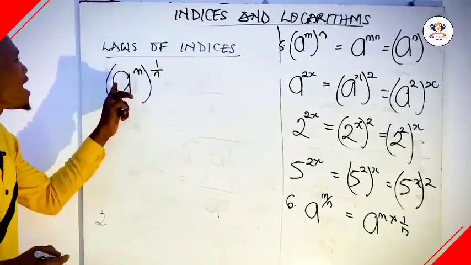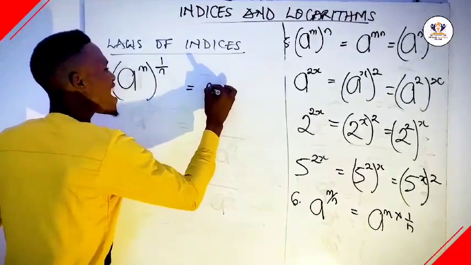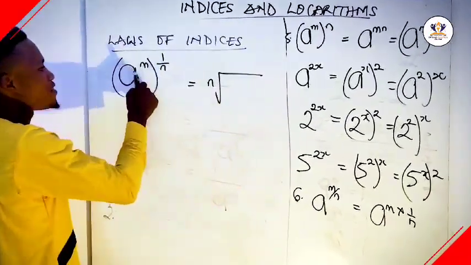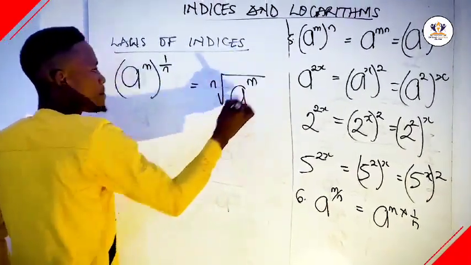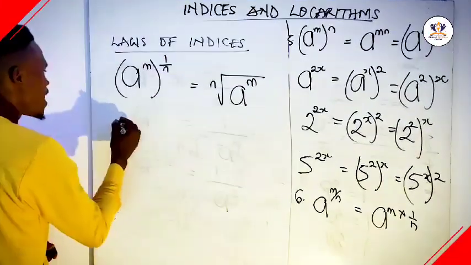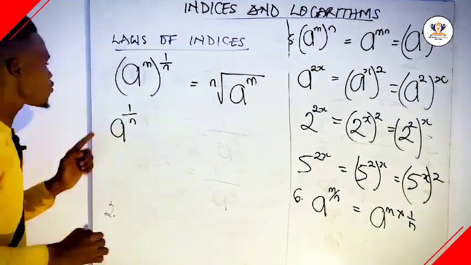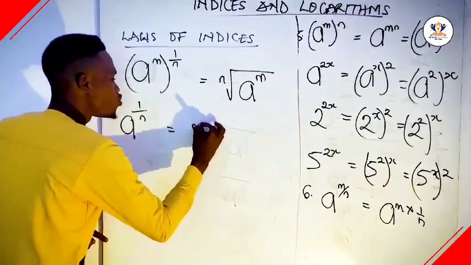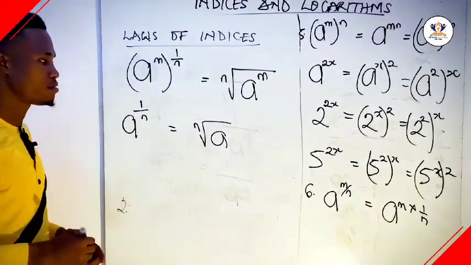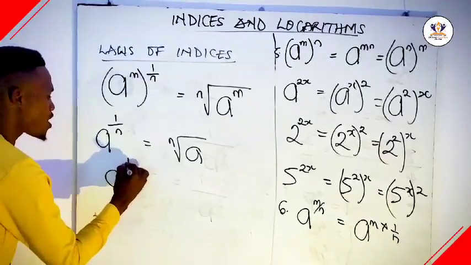Anytime you have anything raised to the power 1 over n, this one is equal to the nth root of what you have inside the bracket. So what am I trying to say? Anytime you have a raised to the power 1 all over n, this one is equal to the nth root of a.